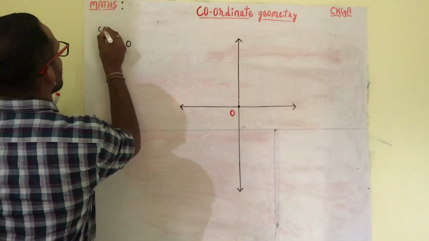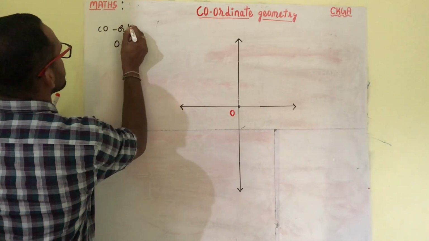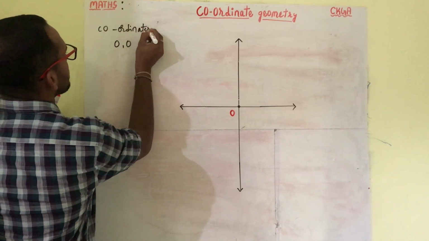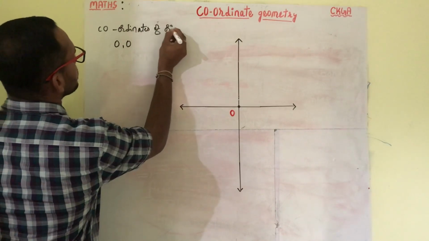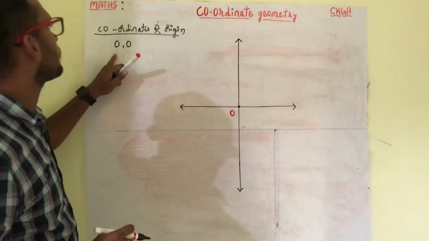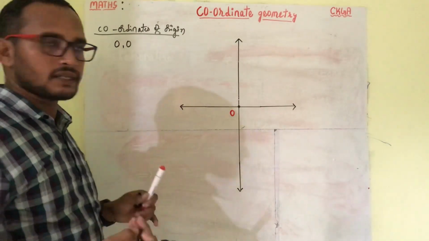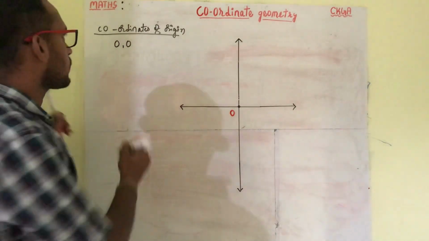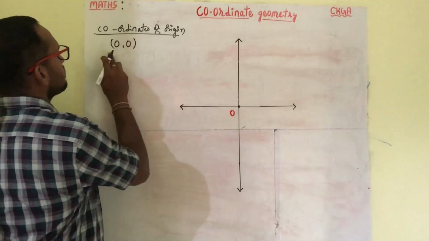Please make this a key point, as you might often need this. The coordinates of the origin will be 0, 0, usually represented by using brackets.